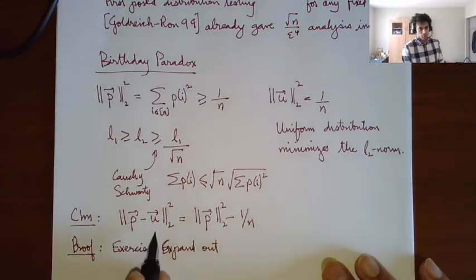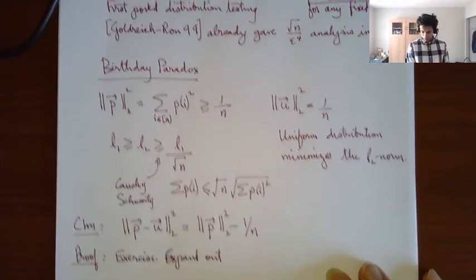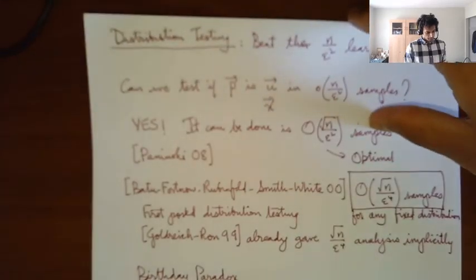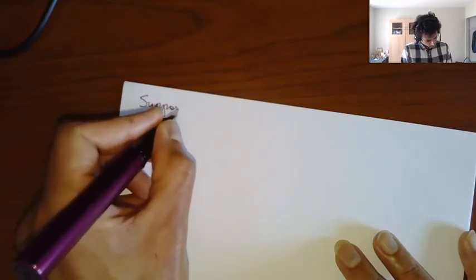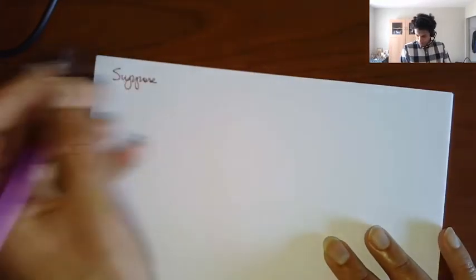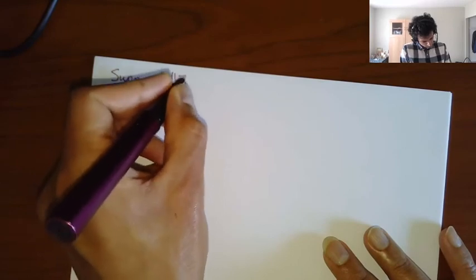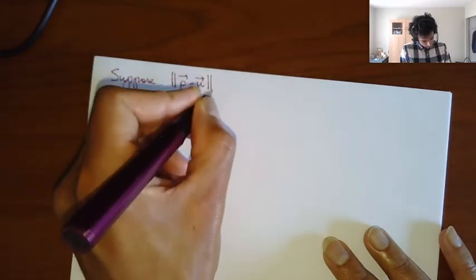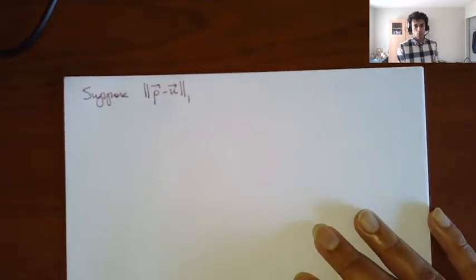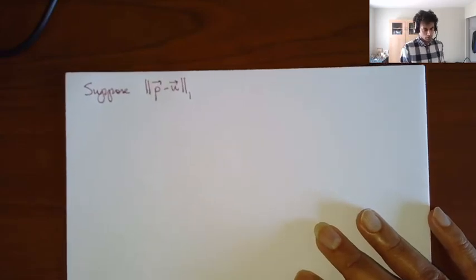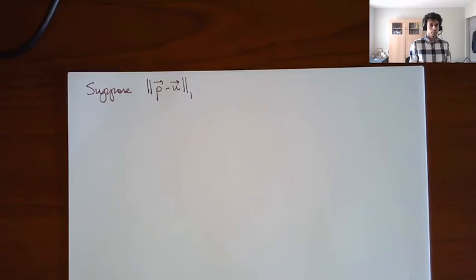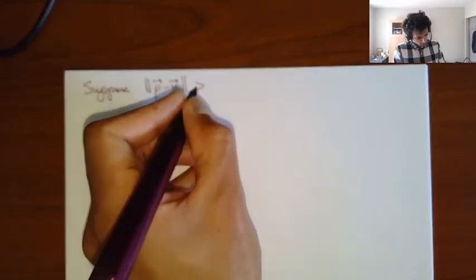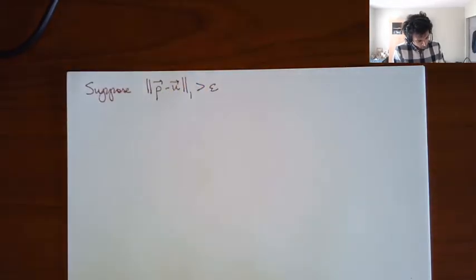Now this is going to be really fundamental, because we can now say, suppose the total variation distance, let's say the L1 distance, is more than epsilon.